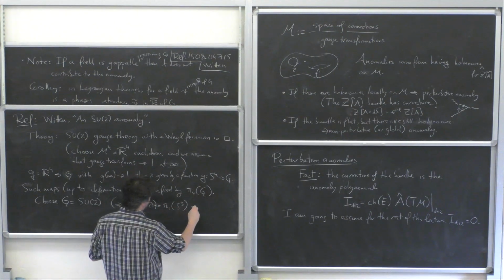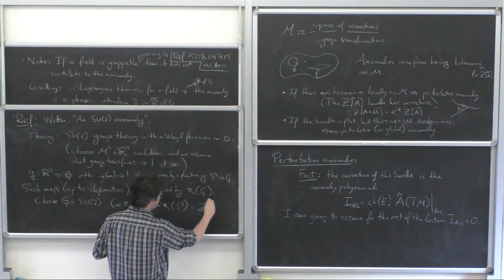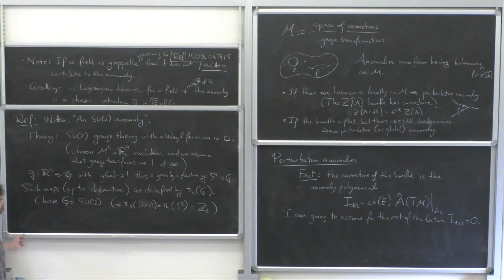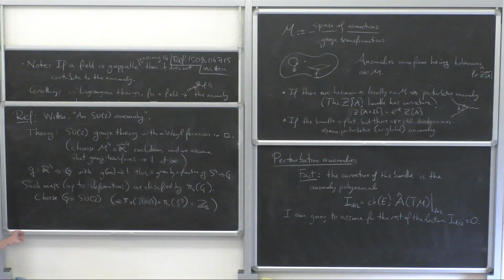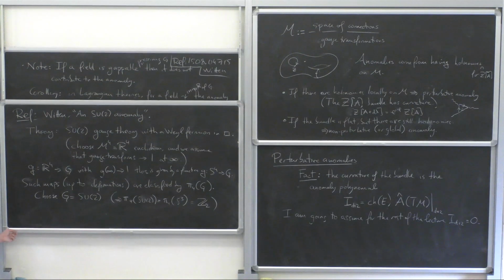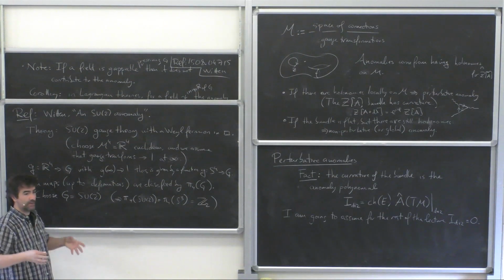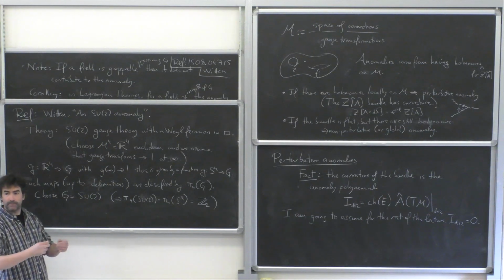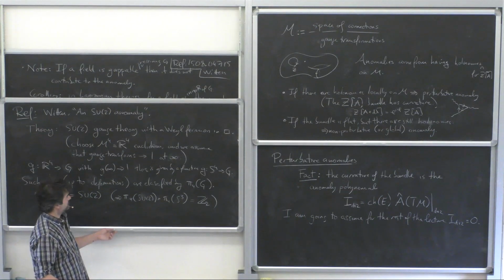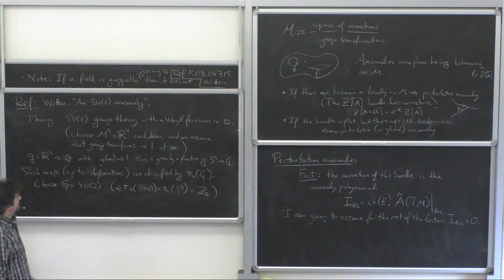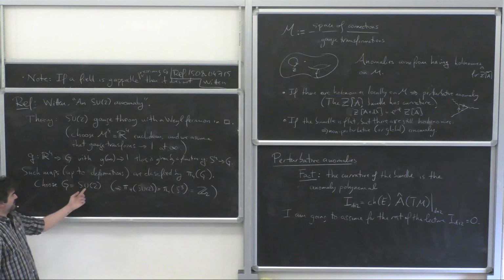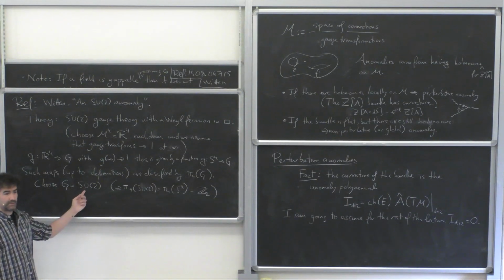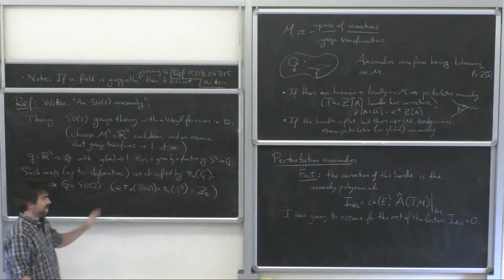And mathematicians have computed this already for some reason. And this is it. So there's indeed a gauge transformation, which is homotopically non-trivial. I cannot deform it to the identity. Just to mention, you can replace here SU2 by any symplectic group, and that still holds. So there are some easy generalizations here.